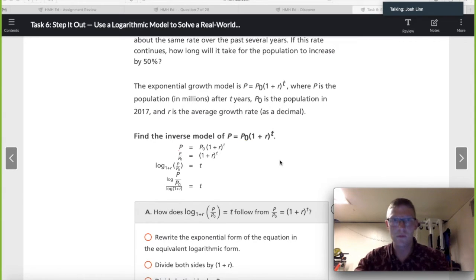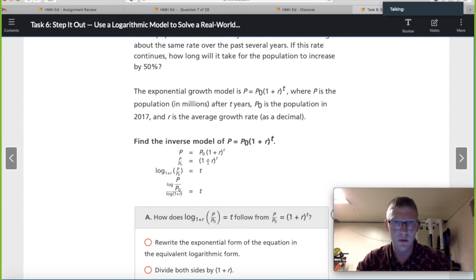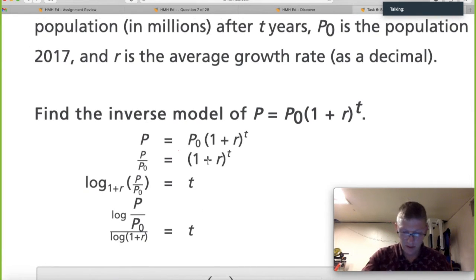Let's zoom in. So that's where we get this part right there from. So then we can take the log of both sides. So technically, we're over here, log of this one, and then we're going to use log base 1 plus r.